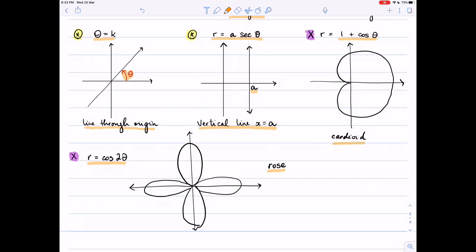They can be written with cosine, they can be written with sine, and there are different properties about this number here and how many petals you get. These things are called the petals of the rose. And there are properties there that we're just not going to get into. What I just want to make sure that you're aware of is the existence of these lovely curves, cardioids and roses.